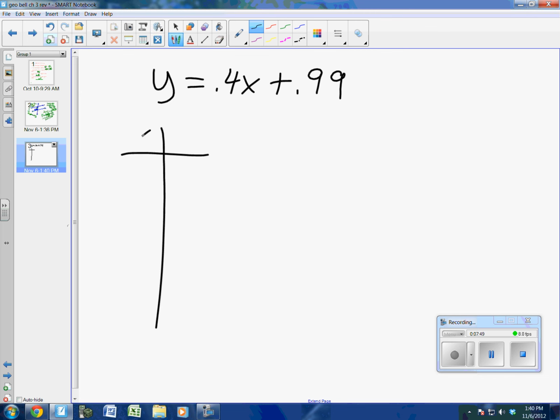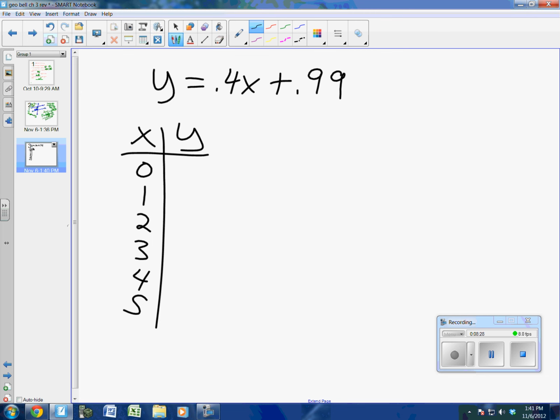Okay, here's my table of values. What am I going to put in for the x's right there, you guys? It tells you in the book. 0, 1, 2, 3, 4, 5. That's what it says, right? What does x represent again, you guys? Let me read it to you again: where y represents the total cost in dollars for a telephone call, and x represents the length of the call in minutes.